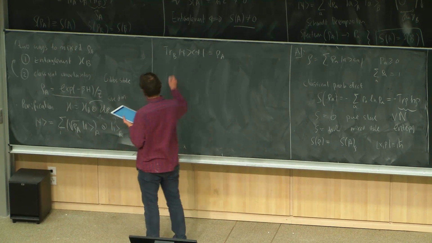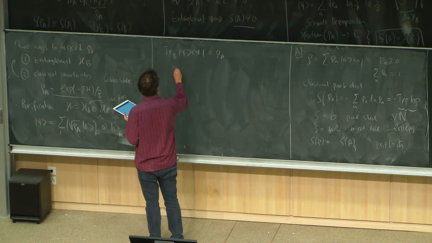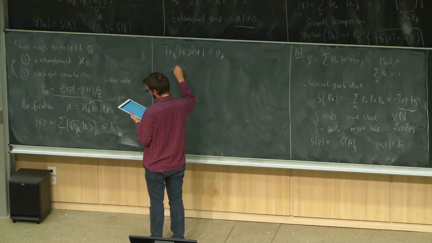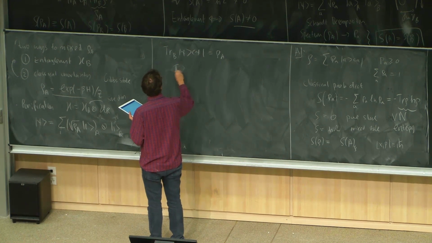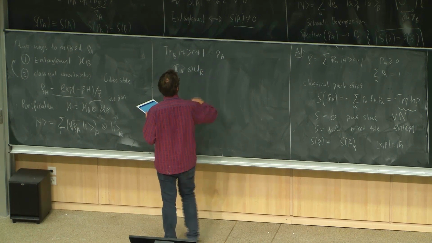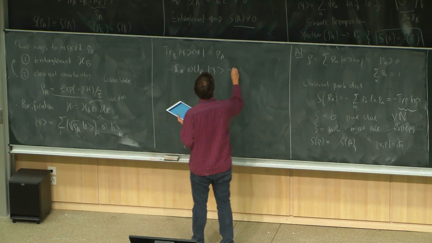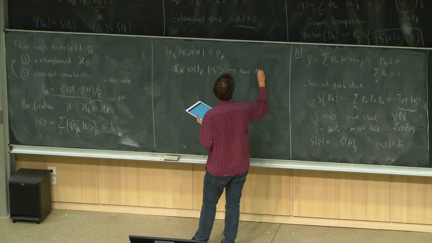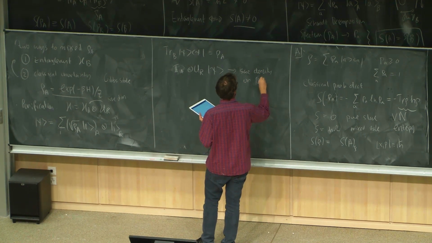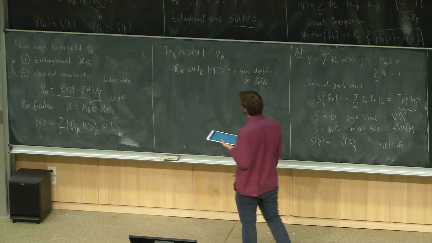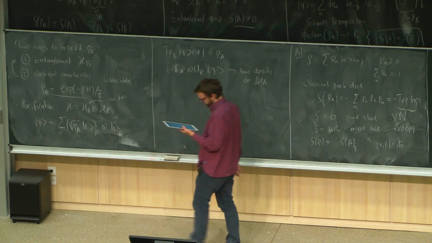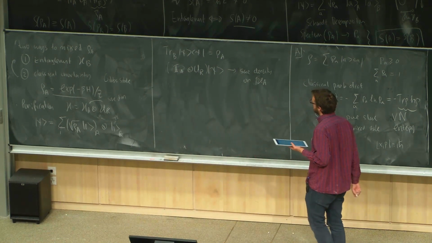In fact, given some purification, I can take any unitary acting on the reference, and I'll get the same density matrix rho A on A. So there's a huge set of purifications. There's a lot of freedom.